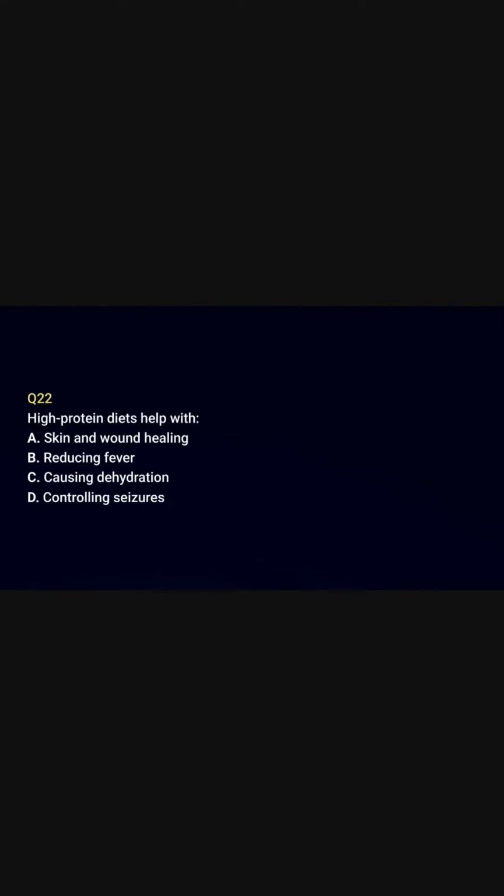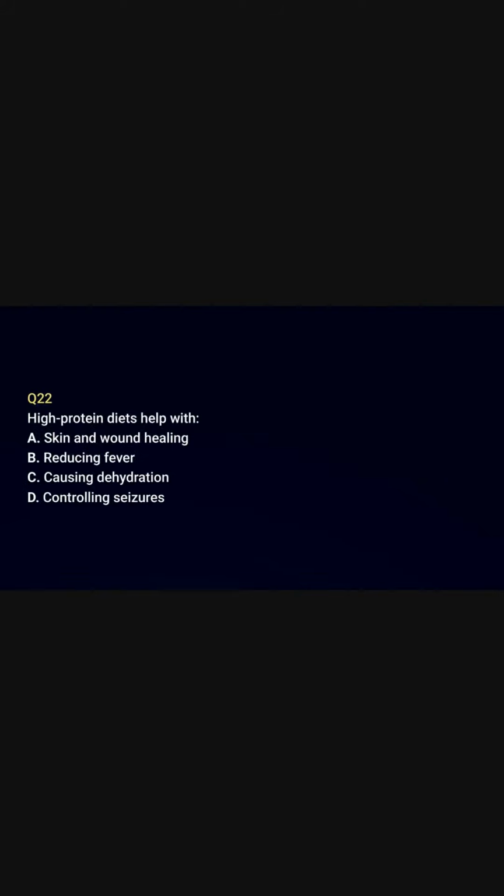What do you think? That is right. You have it. You're absolutely correct. It's going to be A, skin and wound healing. So protein builds and repairs tissue, which helps wound healing.